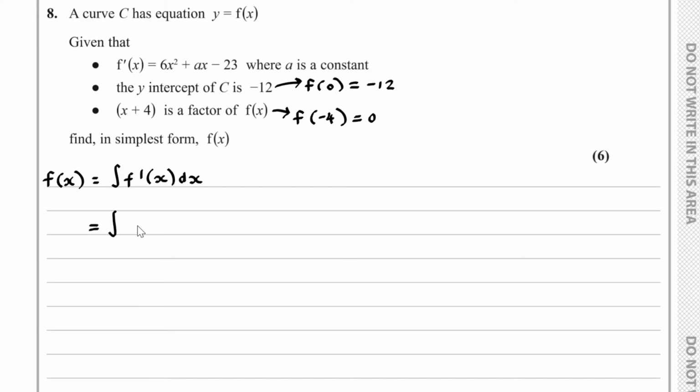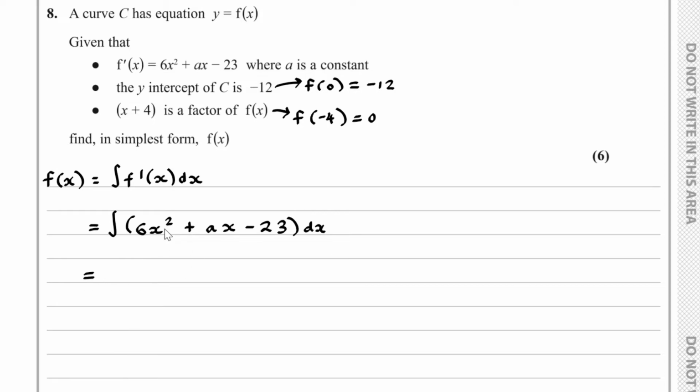So we would have to integrate f dash of x to find f of x. So we need to integrate 6x squared plus ax minus 23 with respect to x.